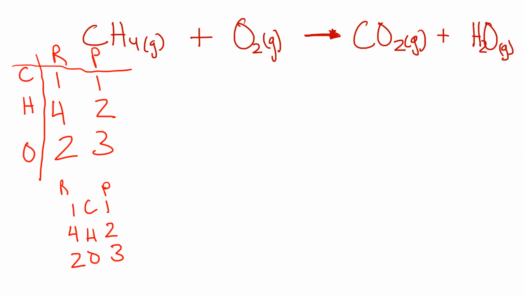The next thing I do is I look for something that's easy to alter as far as numbers go. I've got 4 hydrogens versus 2. Why don't I try to put 2 hydrogens on the other side? Okay, I have to do that by putting a 2 here. So I put a 2 next to the water. I track that now. This has now become 4.